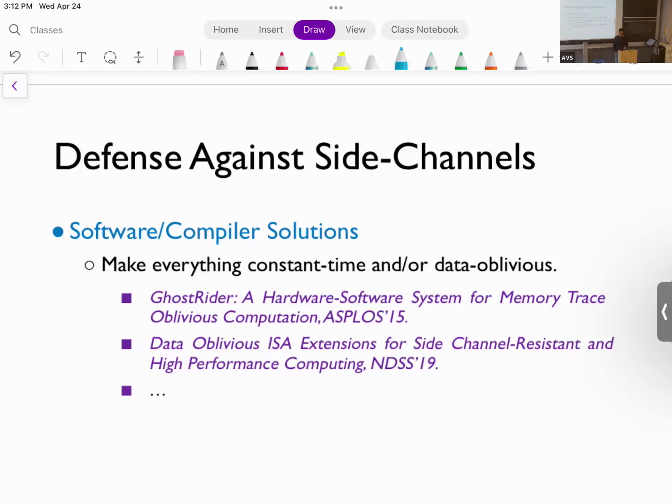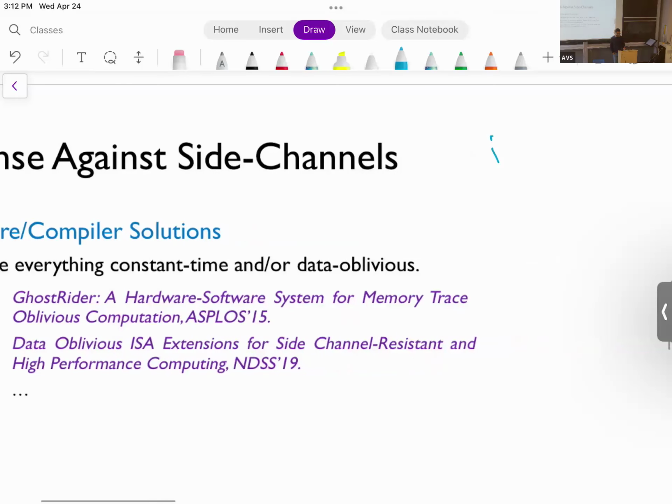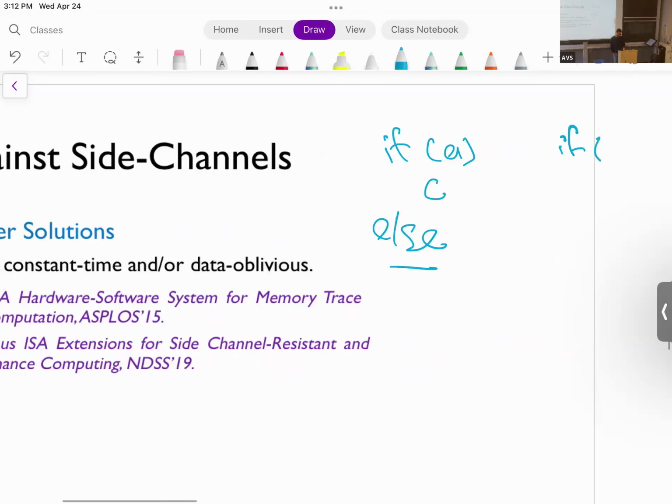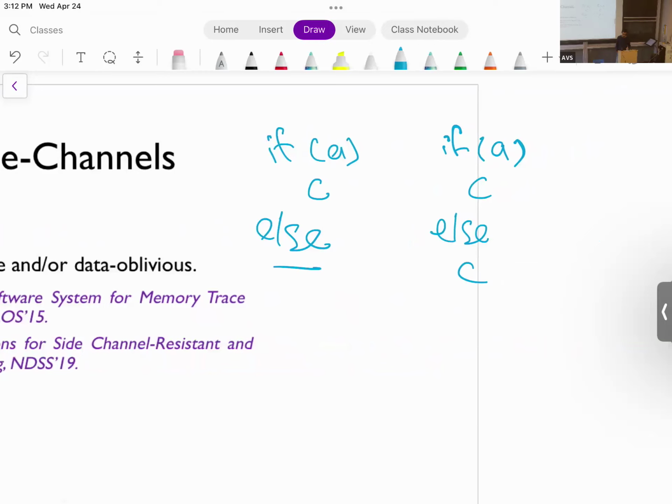So what I'm suggesting is that instead of having if A access the memory, else don't do anything, do this. If A access the cache, else access the cache. But just here, you need to access the dummy data.